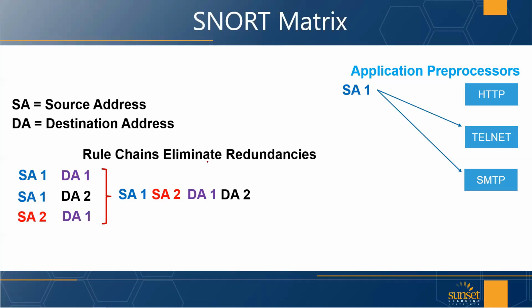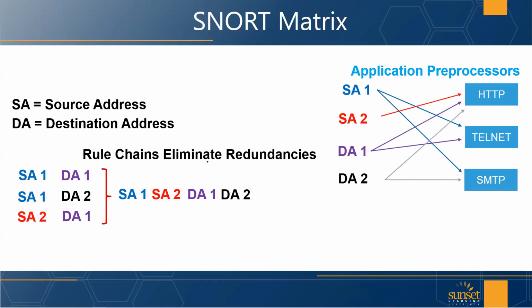So it's actually sending that traffic to the preprocessors, and the preprocessor is looking at that going, wait a minute, that's not how this application is supposed to work. Now, again, here we do it for source 2, going to HTTP, destination 1, HTTP and Telnet, for instance, destination 2, HTTP and SMTP. The key behind what SNORT's doing is, as I add more preprocessors, I don't have to keep building line by line by line.